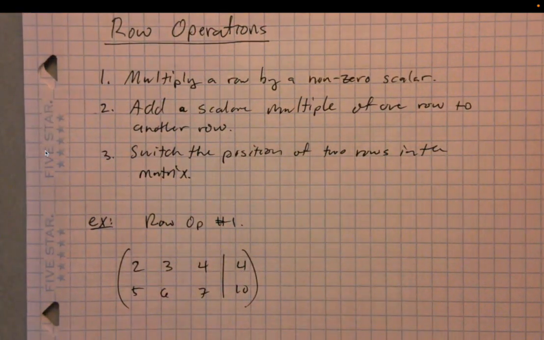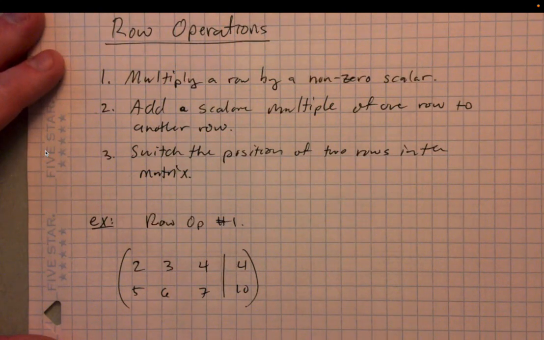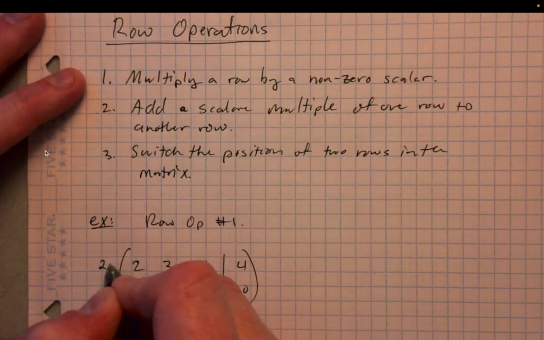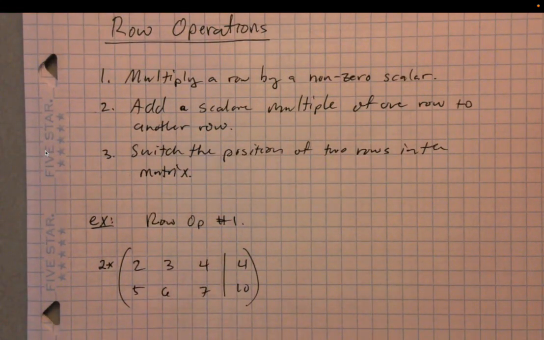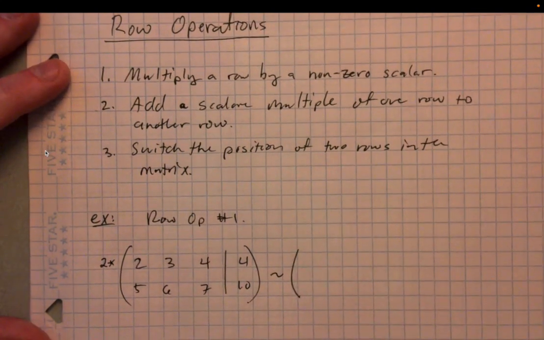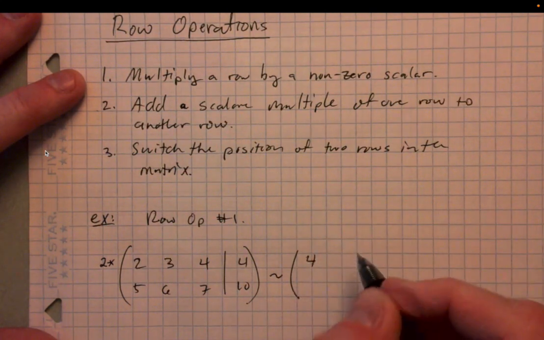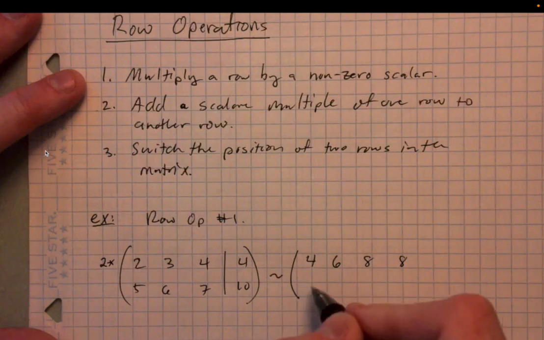Let's say this is my augmented matrix. Say I want to multiply row 1 by the number 2. Then this matrix is equivalent to 4, 6, 8, 8.